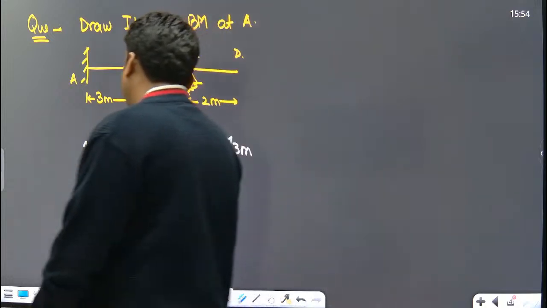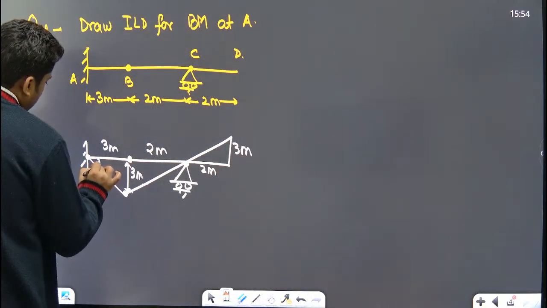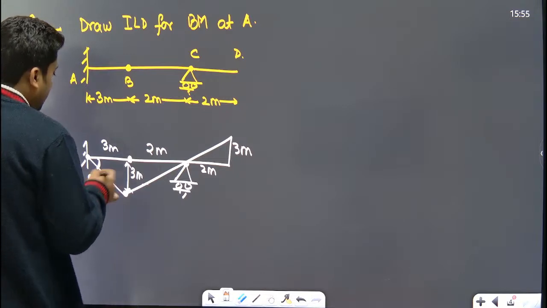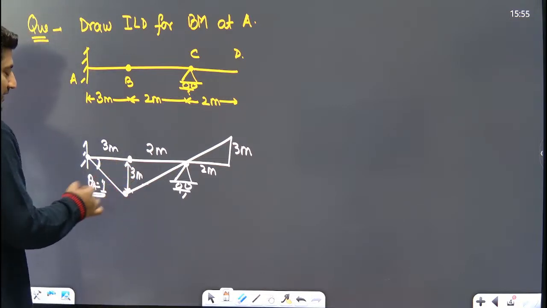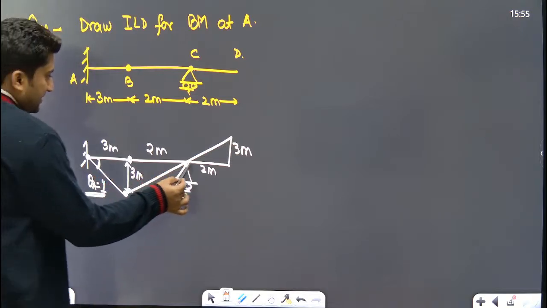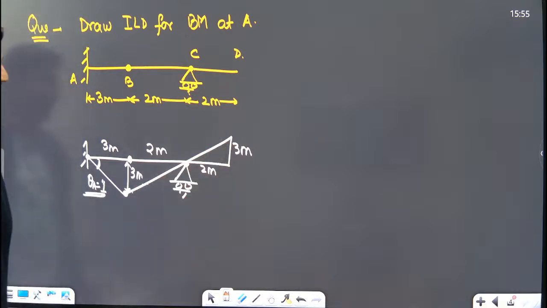You have given a unit rotation at this point. Theta A is equal to 1. This will be 1 only when this goes down by 3 units. Now if this distance is 2 meter, this goes up by 3 meter.